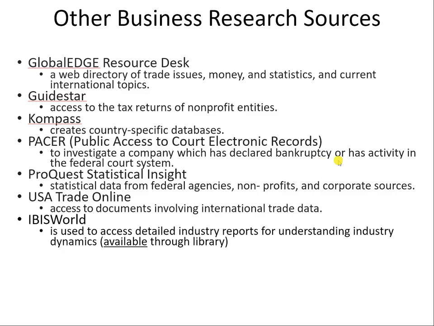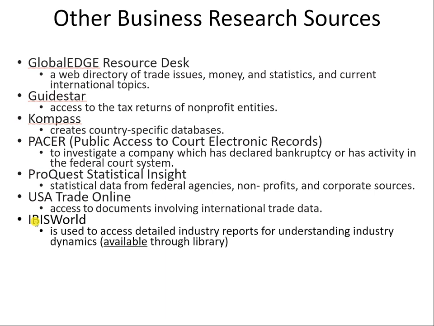And they can check any of their activities in the federal court systems. And the ProQuest Statistical Insight provides statistical data from federal agencies, nonprofit, and corporate sources. The U.S. Trade Online provides access to documents involving international trade data.